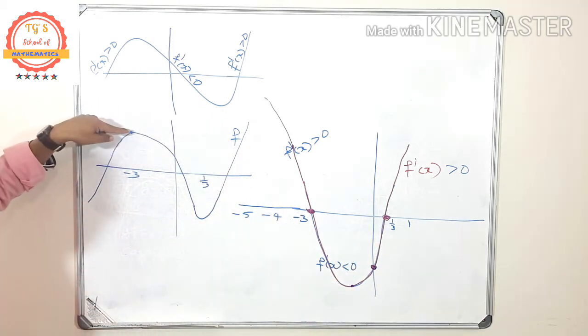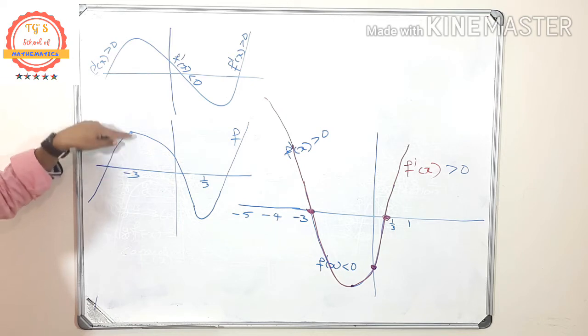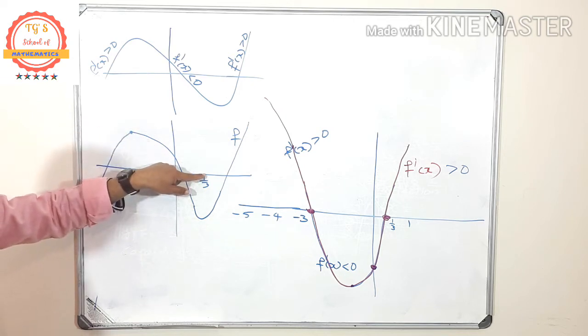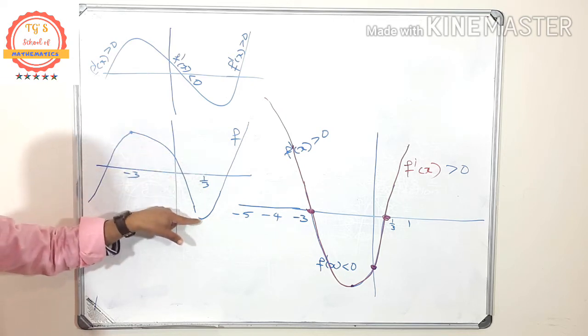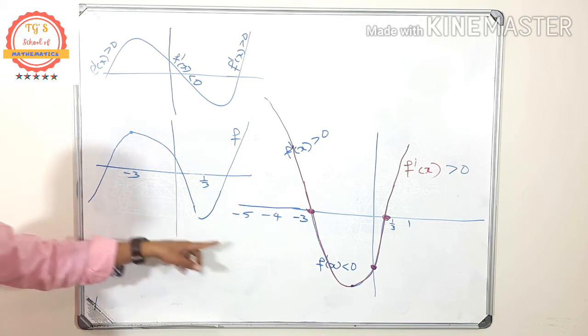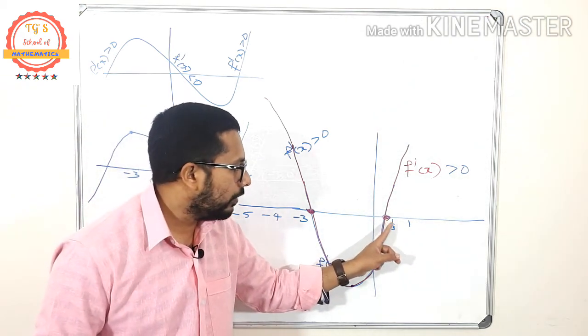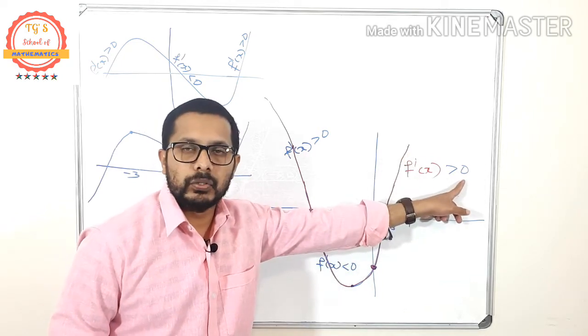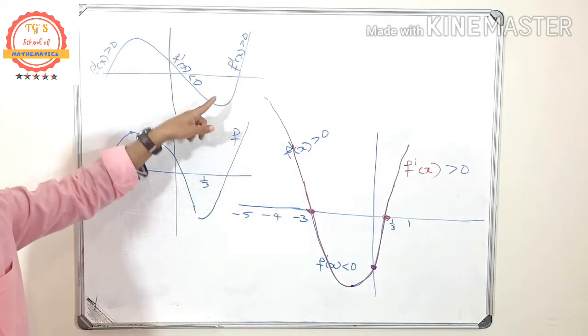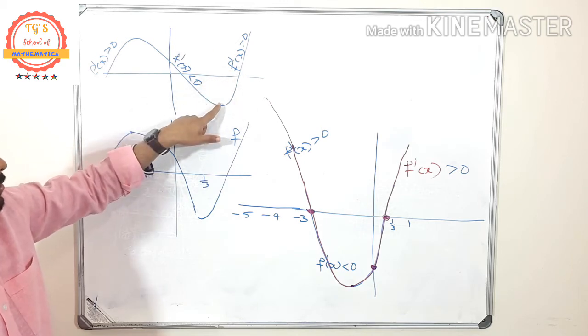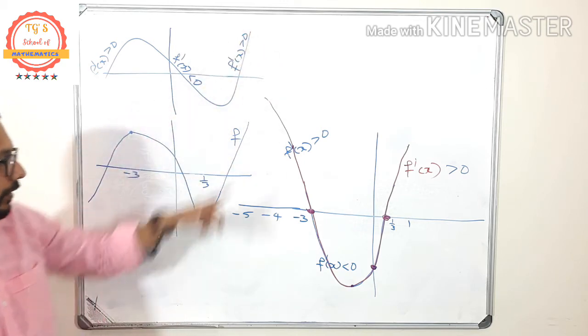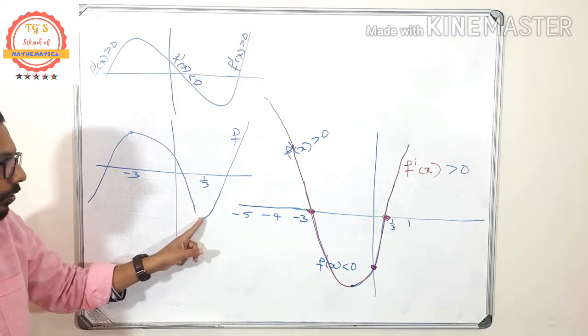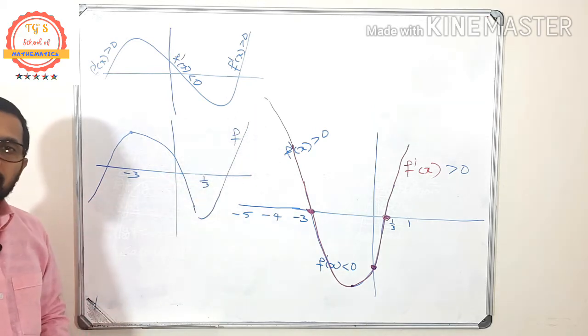So you can see that from x value minus 3 to 1 over 3, the original graph is decreasing. Okay, then after 1 over 3, f dash of x is greater than 0. When f dash of x is greater than 0, the original graph is increasing. So it means that after 1 over 3, the original graph is increasing.